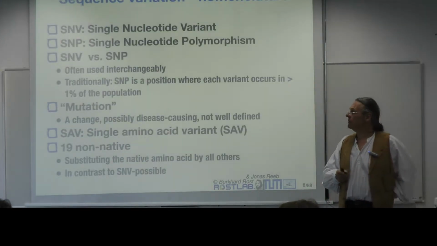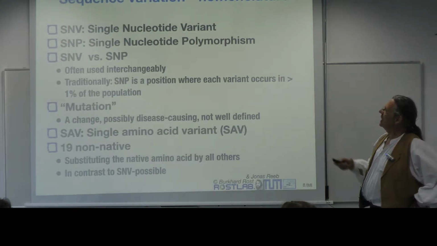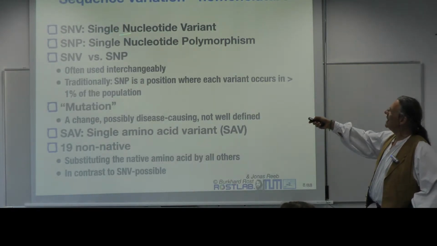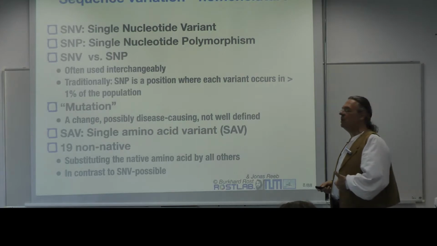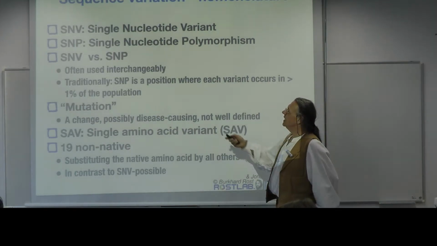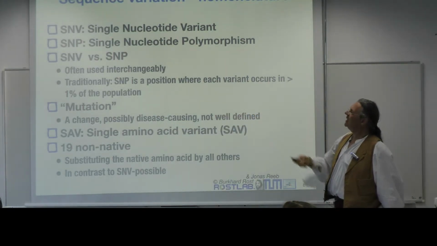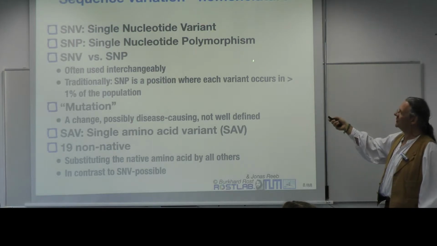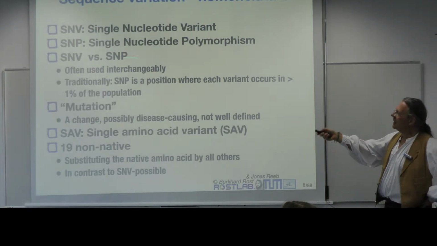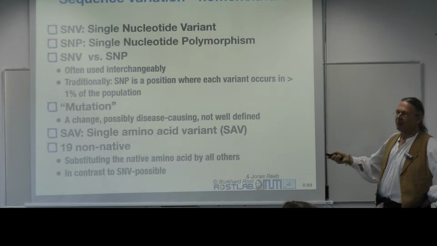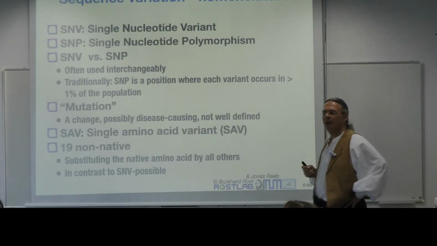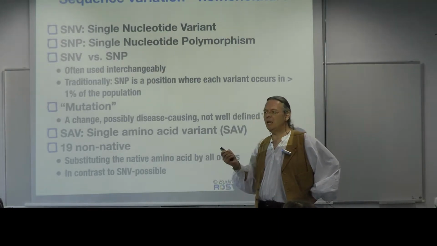A few acronyms. SNV is now what people use to describe single nucleotide variant. So one nucleotide change. Historically, people use SNP, single nucleotide polymorphisms. Today, they are often used interchangeably. Historically, the SNP had an attribution to populations.